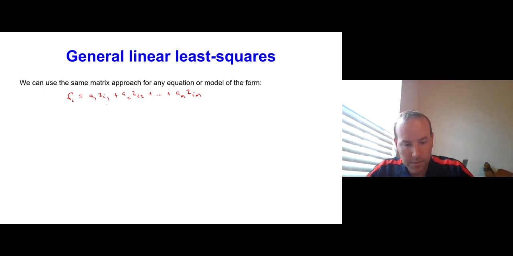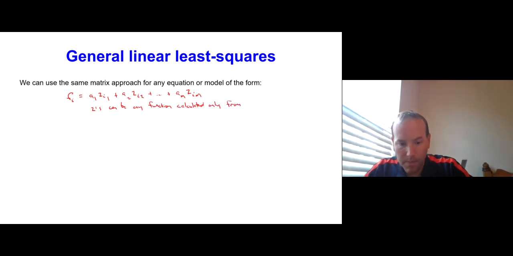These z's are meant to be more general, so that the z's can be any function calculated only from independent variables.